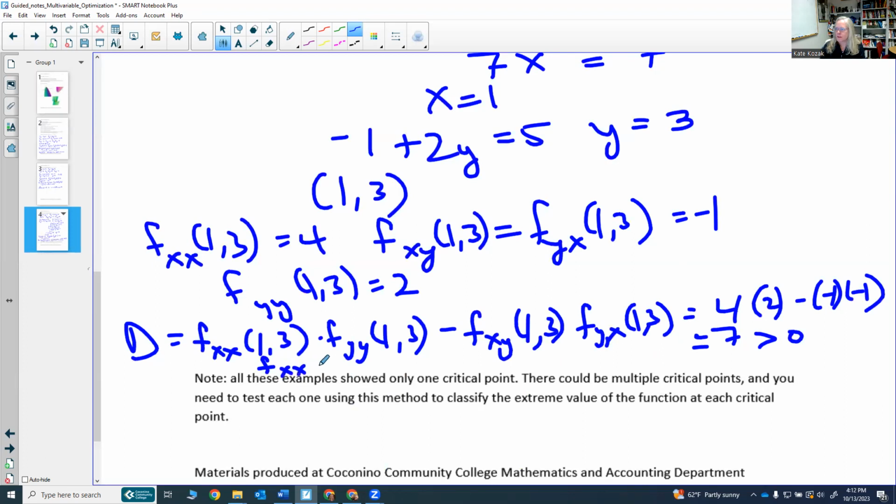F sub xx is greater than 0. So f of 1, 3, which happens to equal 0, is a local min.